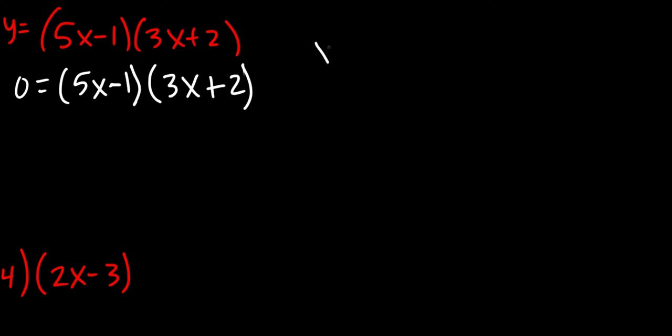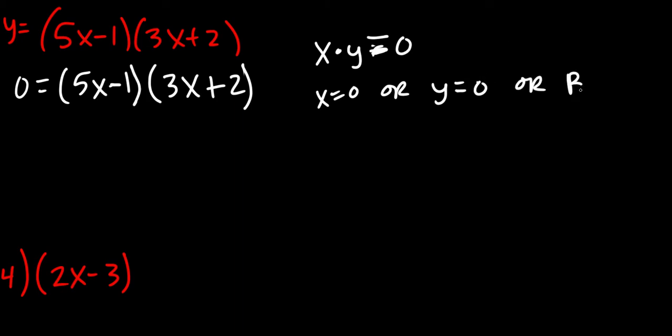Now, if we have two things multiplied together, and we know that the answer is 0, what that tells us is that one factor is equal to 0, or the other is equal to 0, or both. This is called the zero product property.